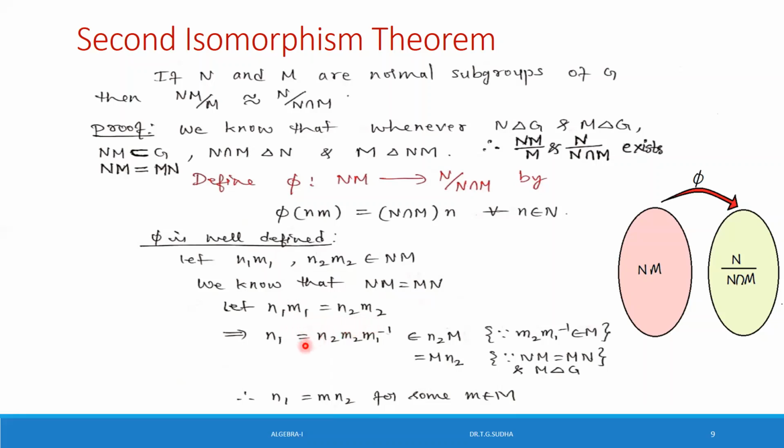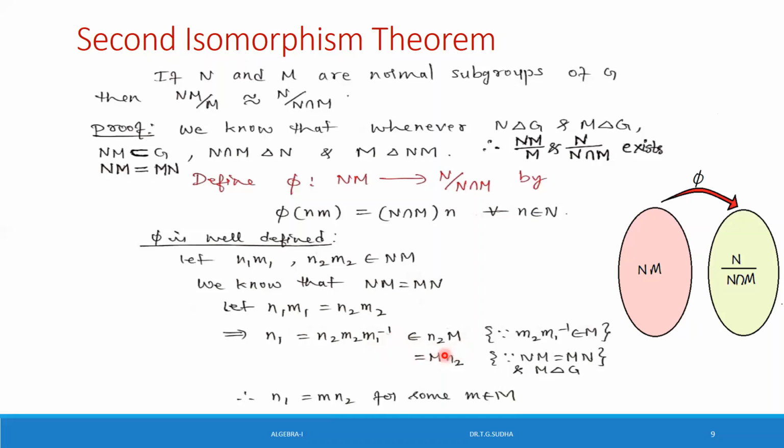Let us operate with m1 inverse from the right side. So this gives us n1 is equal to n2m2m1 inverse. And this n2m2m1 inverse will definitely belong to n2M, because m2 and m1 inverse belong to the set M. So this belongs to n2M.